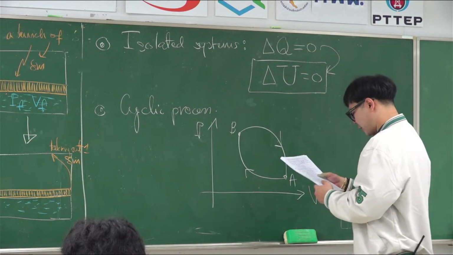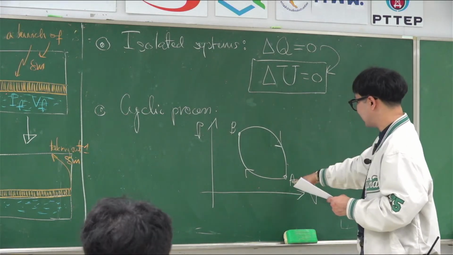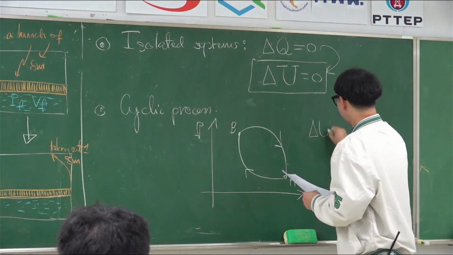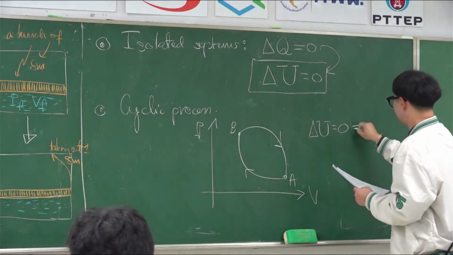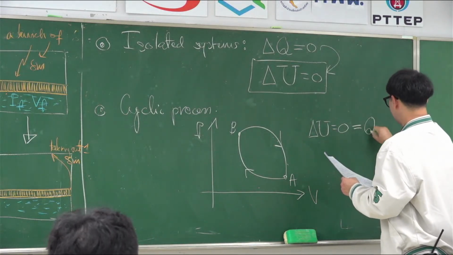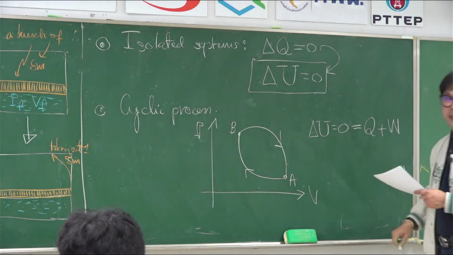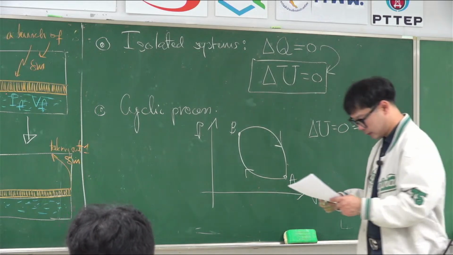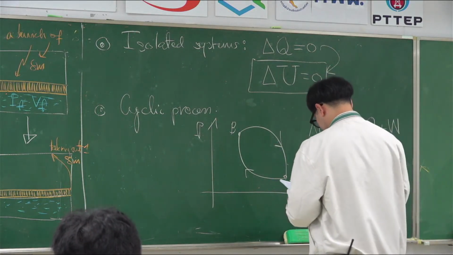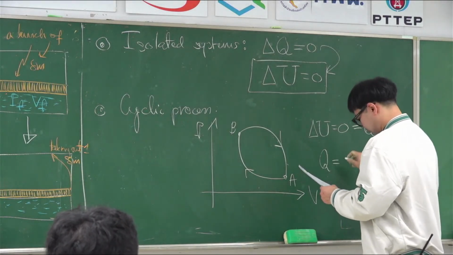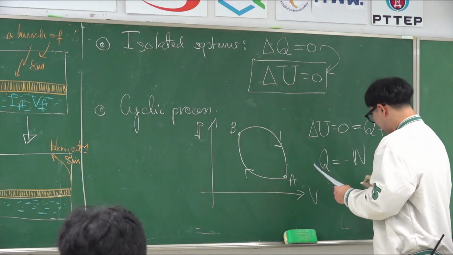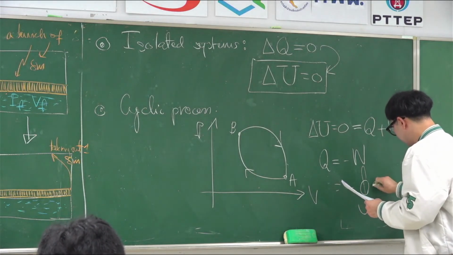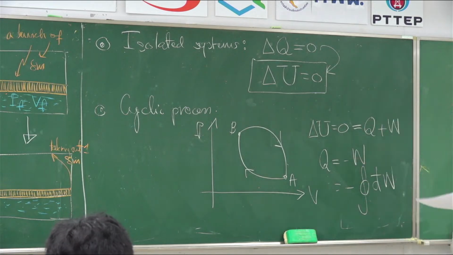So since your system gets back to the initial point, again there is no change, but there might be a difference in the way that you add up.